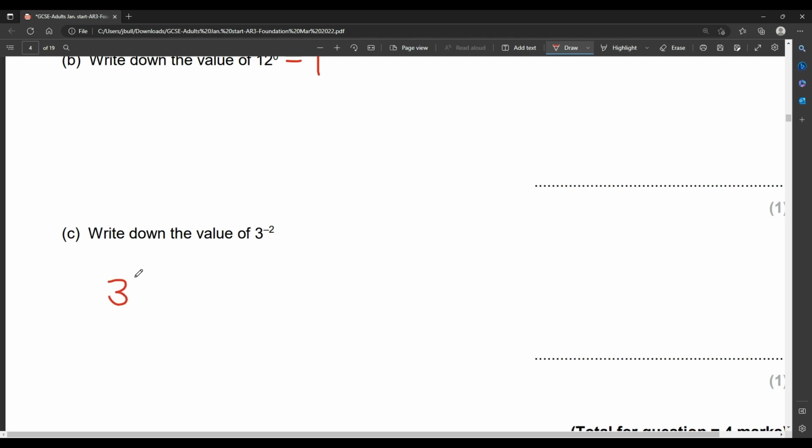How we can simplify this is any negative index, we can rewrite it as 1 over the positive index. Okay, that's the start. Now we can work this out. So 3 squared is 3 times 3, so that is 9. And then you could leave it in this form as a fraction. You could work it out as a decimal if you wanted, but it would be good enough if you can just get it to this point where it's a fraction. So you get rid of that index essentially.